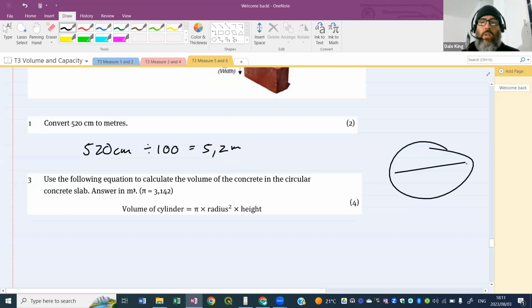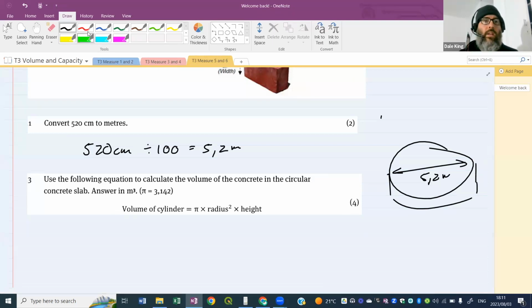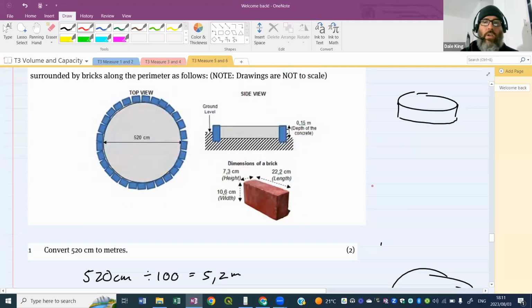We had a circle with a line going through, and it was 5,2 meters we've just discovered. And the height of the slab, I'm going to draw a little arrow here. Let's just do this. My drawing is horrible tonight. Okay, so this thickness of the concrete, or the height of the concrete here from the drawing, 0,15.